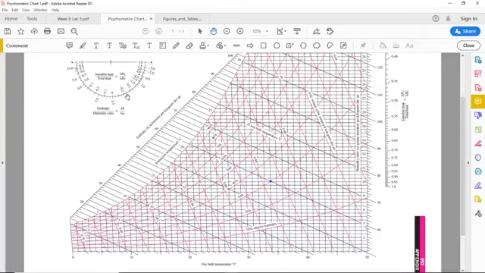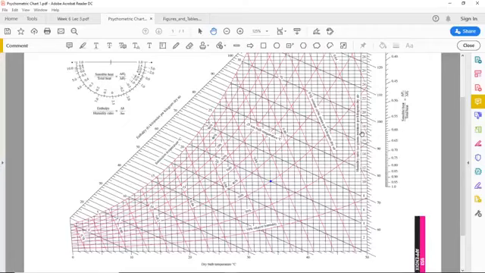But on the scale you can see that the numbers are quite small, whereas we have a HW value of 108.95 kilojoule per kilogram, and that is because on the psychrometric chart the humidity ratio W has units of grams per kilogram dry air, whereas in the SI system they are kilogram per kilogram dry air.